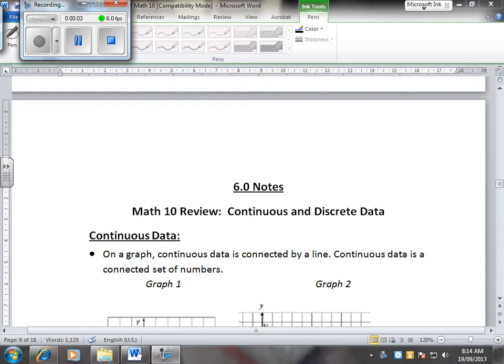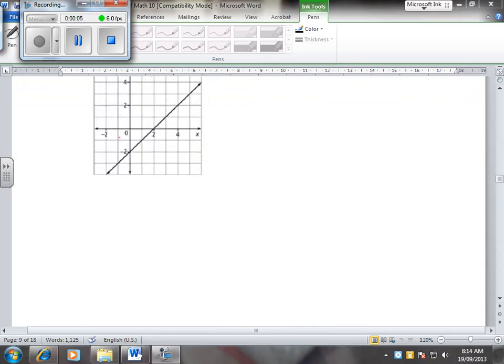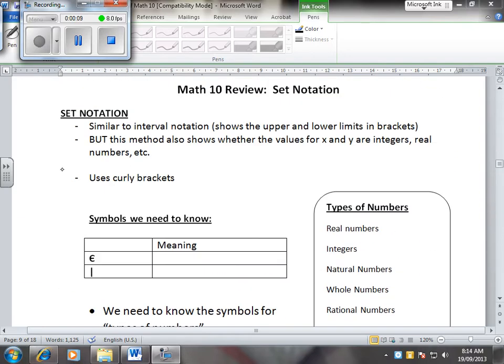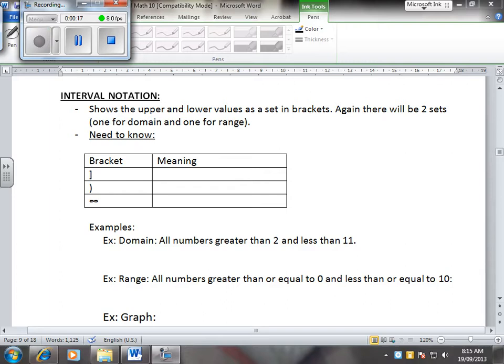Hi everyone. So last class we were working on mostly set notation. And so it's important that you understand the difference between set notation and interval notation. With interval notation, you're using the square or round brackets, or what we call open or closed.